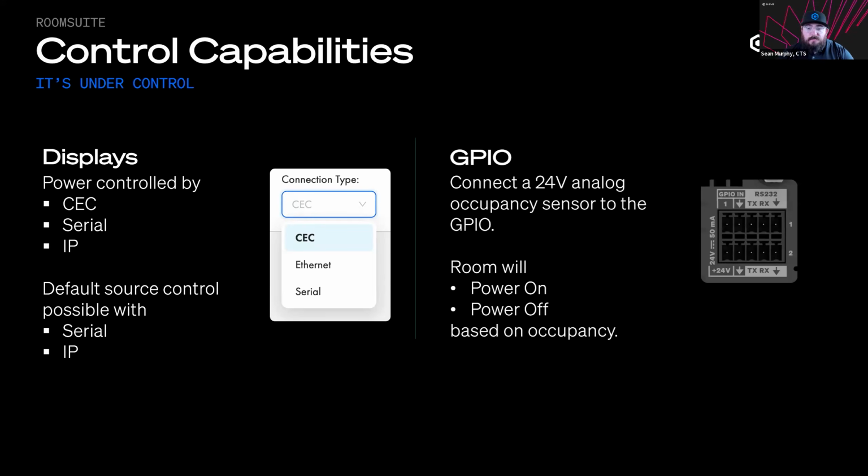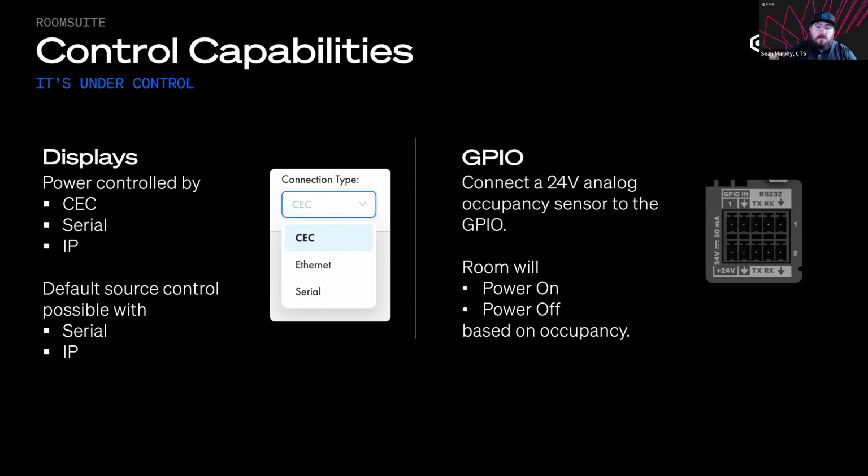We do also have, again, GPIO for an occupancy sensor. And we do have some smarts built into the box already that will automatically power the room on or off, and power the displays on or off based on occupancy and user input and stuff like that.